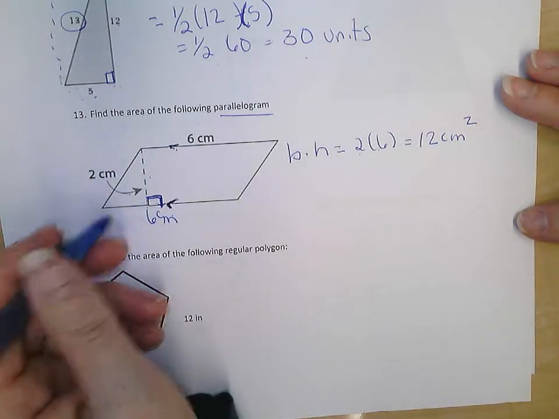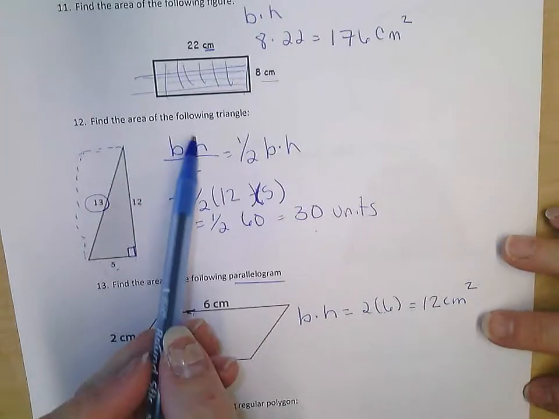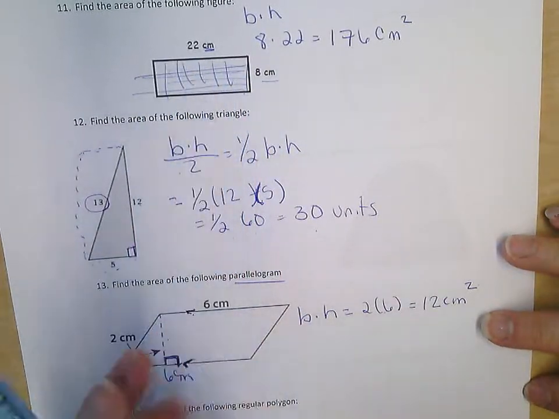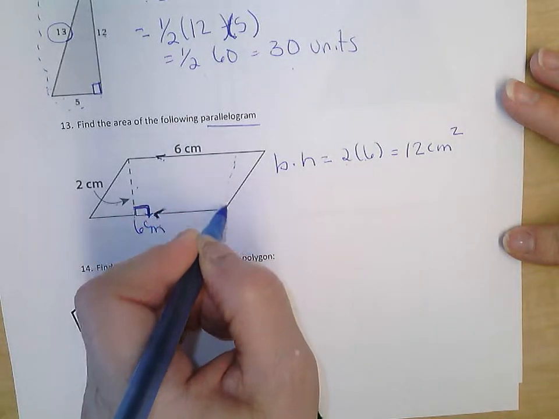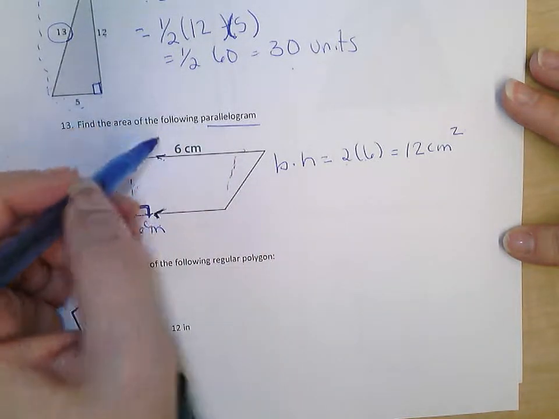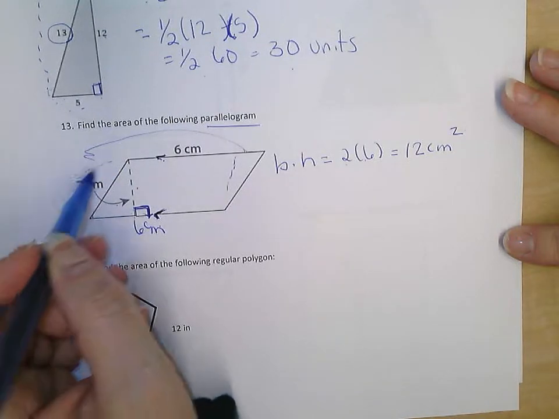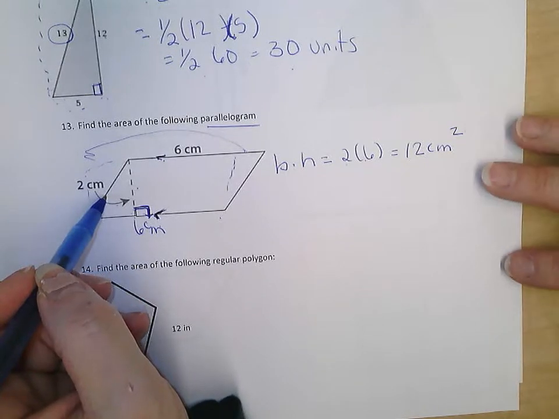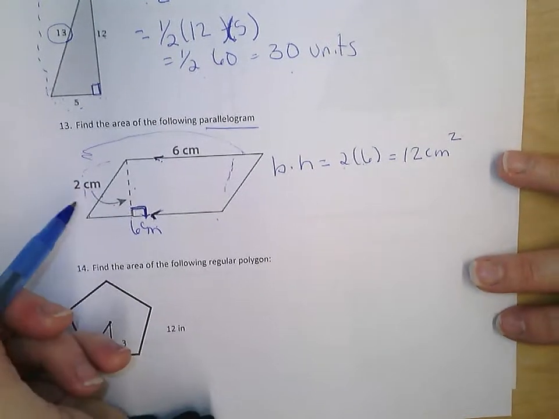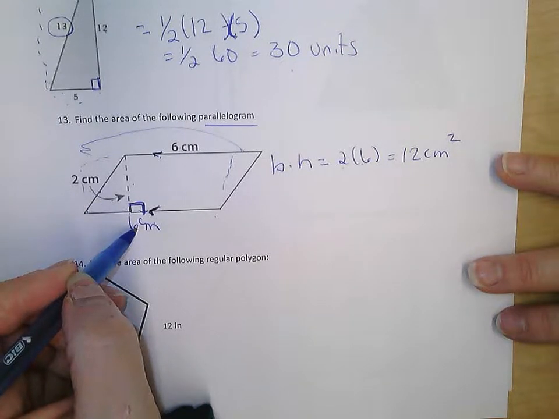So how can this be? It's on a slant, and we know that a square is supposed to be easiest for us to see how many squares inside. If you take a look at this, if we were to put a triangle here and we were to flip it over and bring it right over here, you can see that that would create a rectangle. But if you are having trouble seeing that, know that it's always base times height.